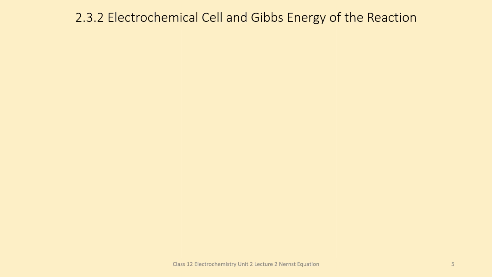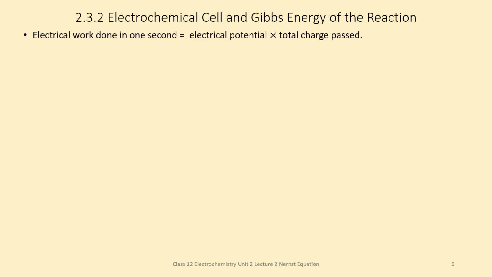Next, we will establish the relationship between the electrochemical cell and the Gibbs energy of the reaction. The electric work done in 1 second is equal to the electrical potential multiplied by the total charge passed. If we want to obtain maximum work from a galvanic cell, then charge has to be passed reversibly.